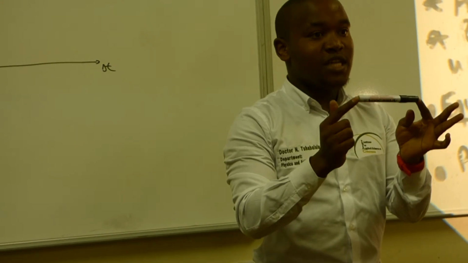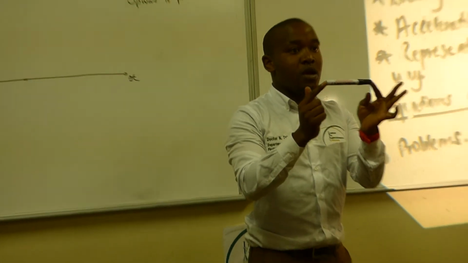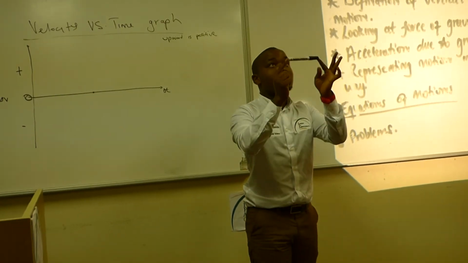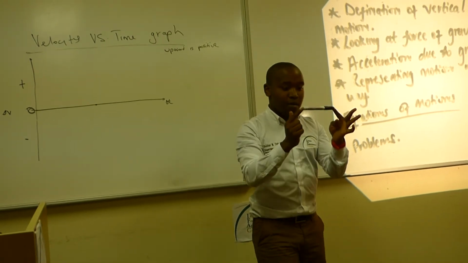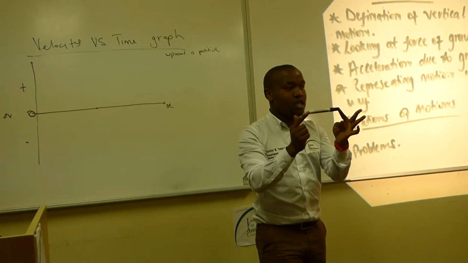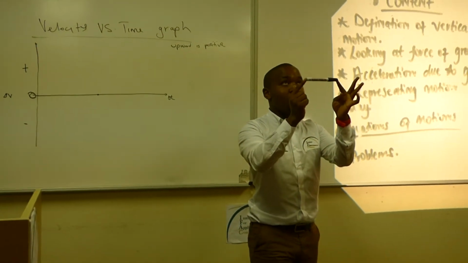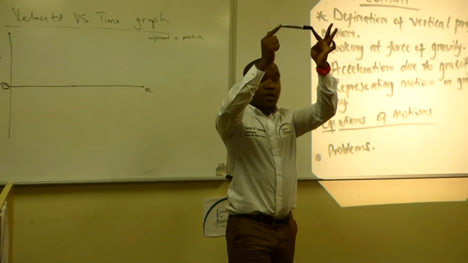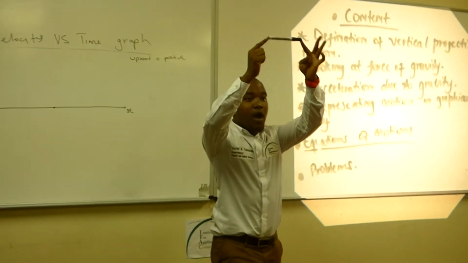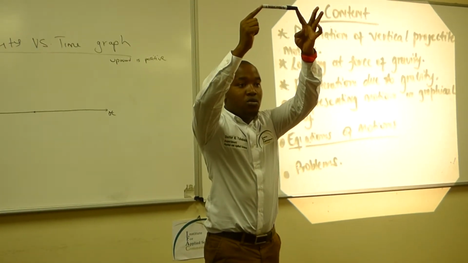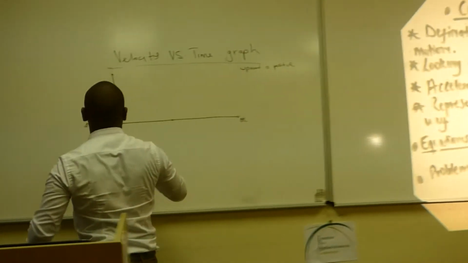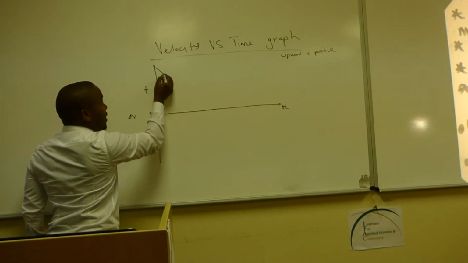As I go up, the velocity will diminish. So if my initial velocity was 2 meters per second, velocity will be maybe 1.8, 1.7, 1.6, 1.5, 1.4, up until it reaches 0. So that's why my velocity will be like that.